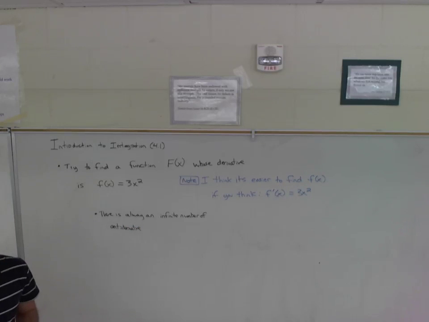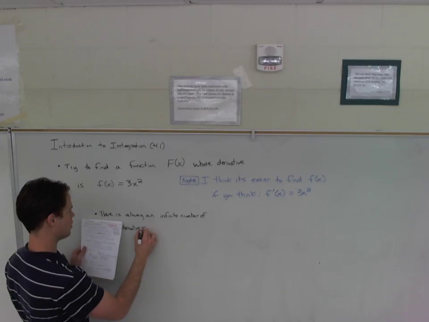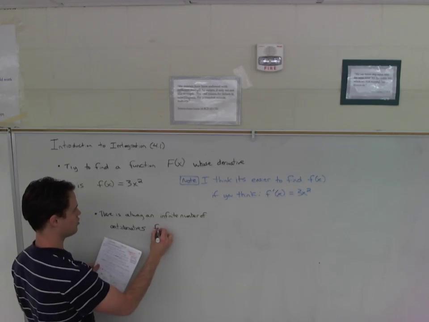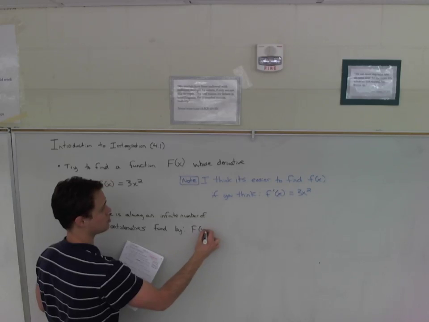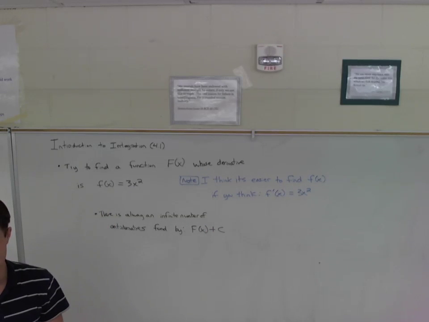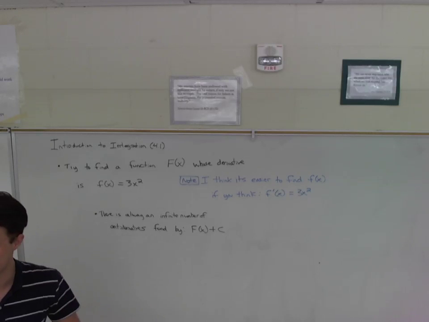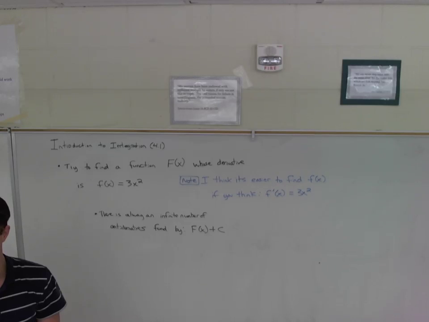Sometimes you just can't find one, but if you can find one, there's always an infinite number of them, found by taking the antiderivative and adding some constant. We don't say plus or minus because the minus can be absorbed by the constant. You can just call the constant a negative and that counts as the minus. Okay?